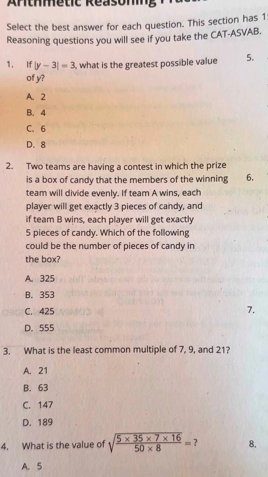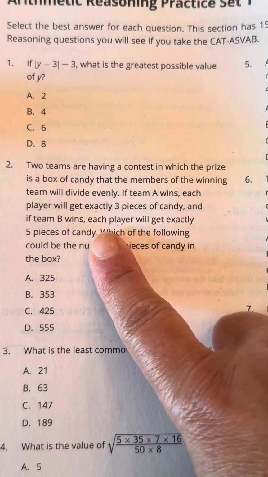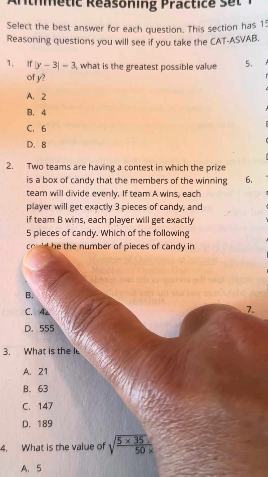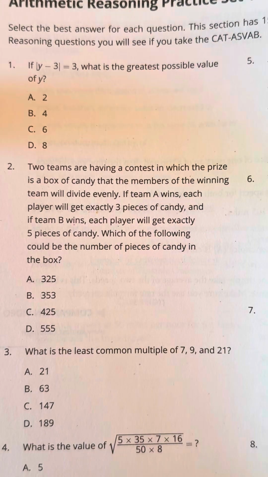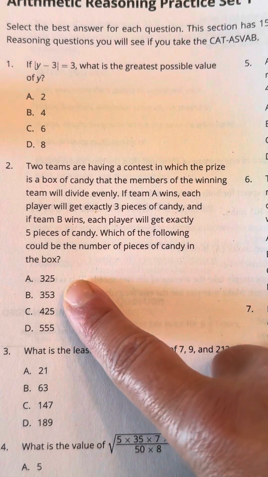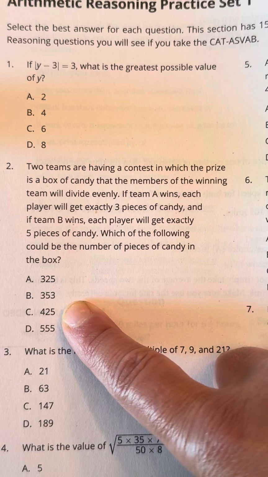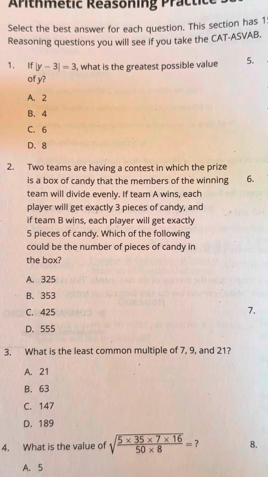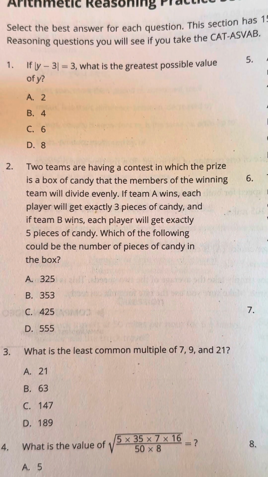So, a couple of things we need to know. Because we have it being 5 pieces of candy in some cases, that means that my possibilities have to either end in a 5 or a 0 in order to be divisible by 5. And if this is evenly going in, immediately B would have to get knocked off because all the other answers have an end number of 5.